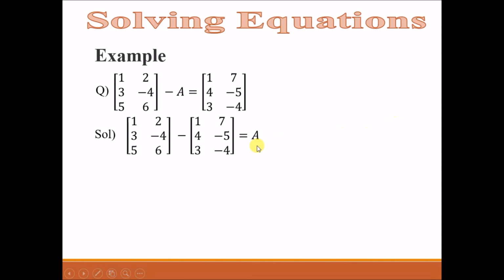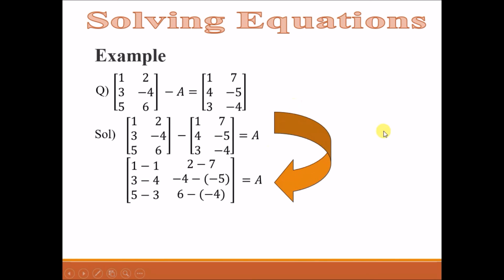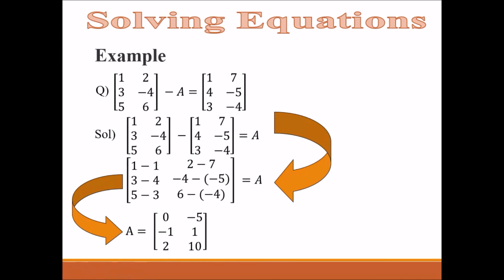Now after that, it's quite visible that we can subtract these two matrices because they are of the same dimensions. So after their subtraction, the result will be the answer for unknown A, which is a matrix of elements 0, minus 5, minus 1, 1, 2 and 10.